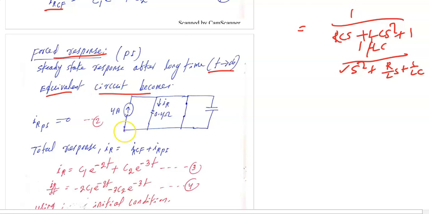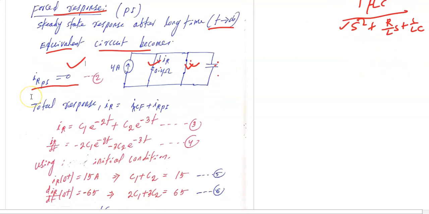So what will be the response? The inductor will act as a short, the capacitor will act as an open. So one is short, one is open. Obviously no current flows through the resistors because all the current will go through the shorted inductor. So the steady state forced response is 0.